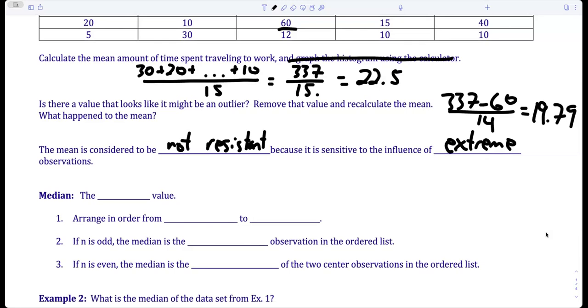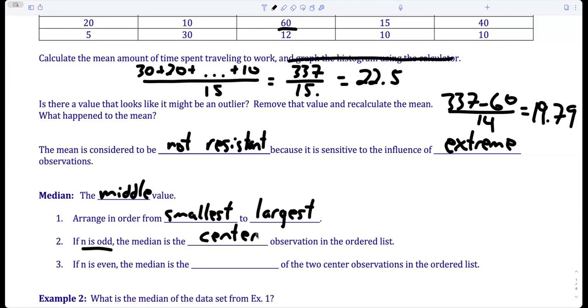Okay. And so the median is the middle value. We are going to arrange in order from smallest to largest. If n is odd, then the median is the center observation in the ordered list.